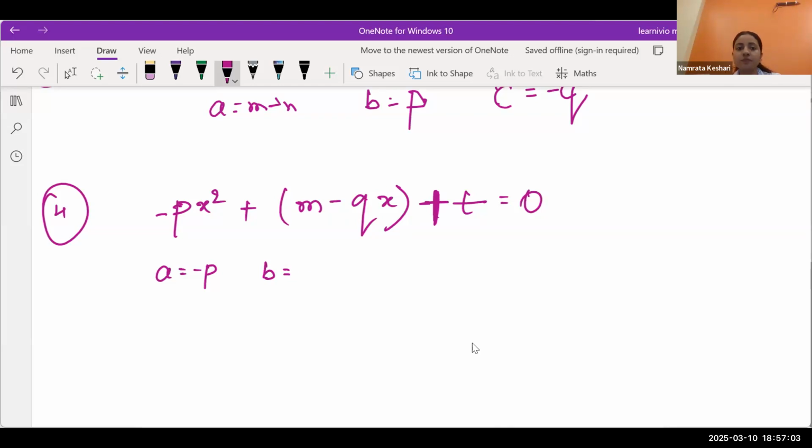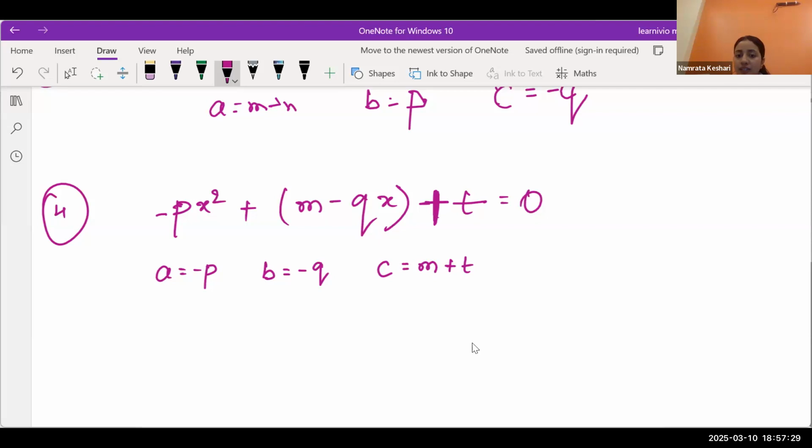Minus Q, perfect. And C is plus T. Okay, so this way you need to identify what is A, what is B, what is C. Whatever way I am going to mix it up, whatever way it gets mixed up in your final question paper, you should be able to identify A, B, and C.